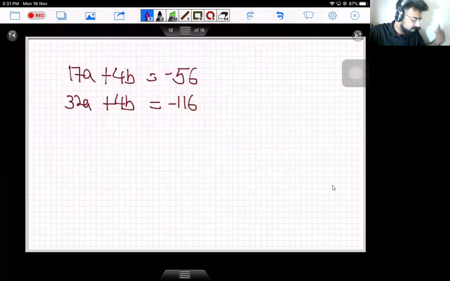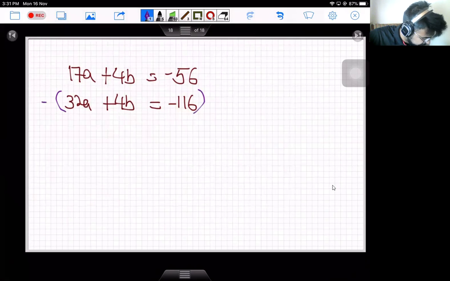So as we can see that 4b and 4b are same, we can multiply the second equation by minus sign completely. So this turned out to be minus 32a, this turned out to be minus 4b, and this turned out to be positive 116. Therefore 4b and minus 4b are eliminated.